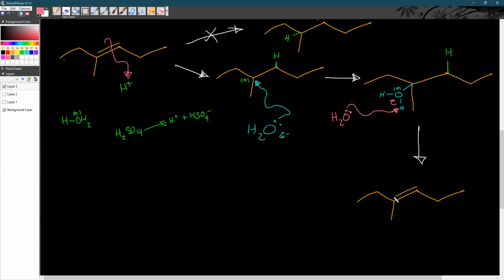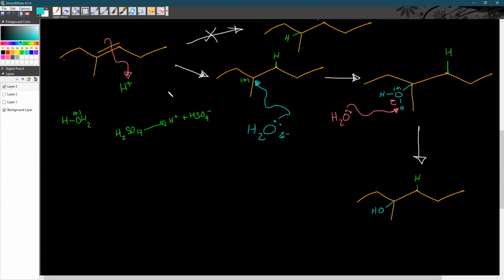And so this is how we get to our final structure of having that H add in on one side and the OH adding on the other. This is how we get to our alcohol product. Cool. What are the similarities between these two reactions?